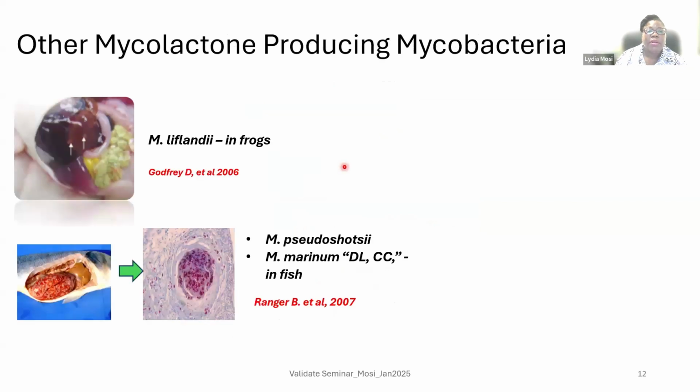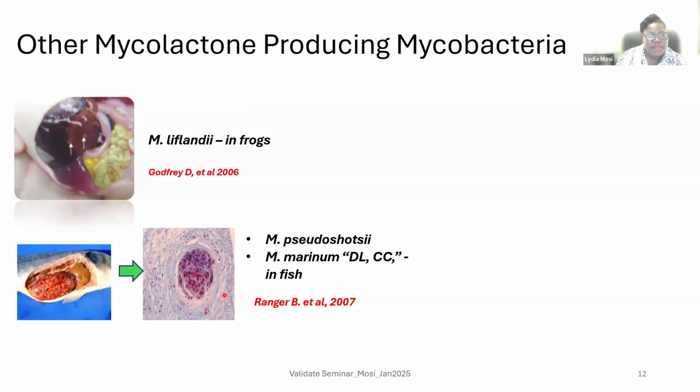Now, a couple of years ago, other species of mycobacteria were identified in other organisms. So M. liflandii was identified in captive frogs, which were kept in an aquarium, and these were able to produce a systemic infection in frogs. M. pseudoshottsii and M. marinum subspecies DL and CC were also identified very shortly in fish.